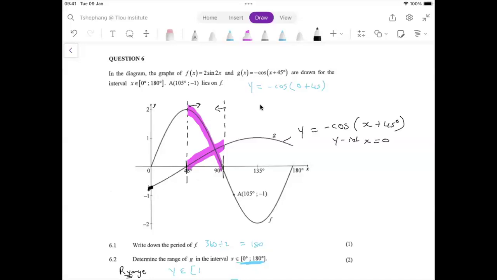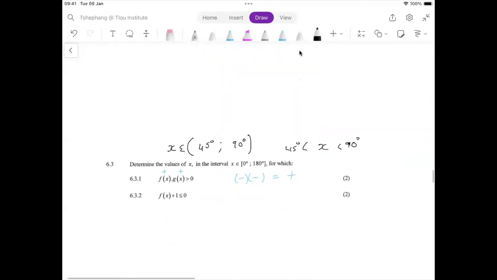Then we can say y is equal to negative cos of (0 plus 45). Find this on your calculator. What will it give you? Your calculator will say minus root 2 over 2. I'm hoping that is clear. That's where we got it from.